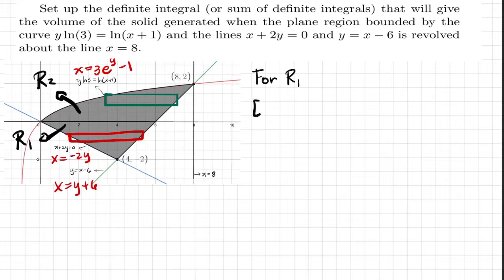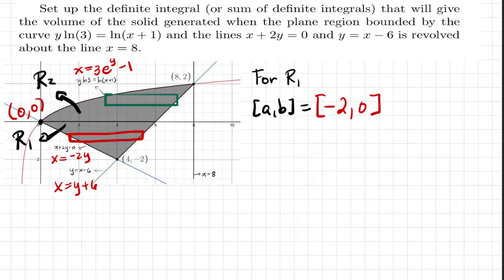So for R1, what is our interval a, b? Okay? Since we are using horizontal rectangles, we should now be looking at the y coordinates. So take note that this point here has coordinates 0, 0. So we look at y. It's from negative 2 to 0. Okay?